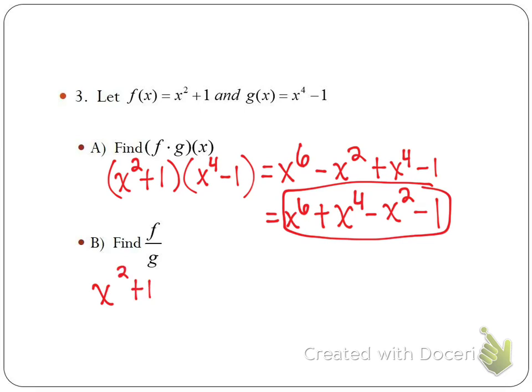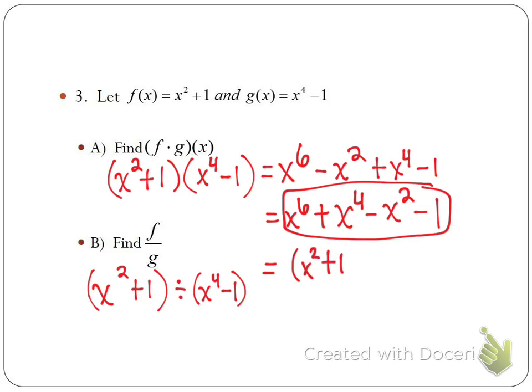So we're taking x squared plus 1, and we are dividing it by x to the 4th minus 1. I'm not entirely sure about synthetic on this one. I would have to work it out and see. I know for sure, though, that if we do it factoring, that we'd be able to get there.